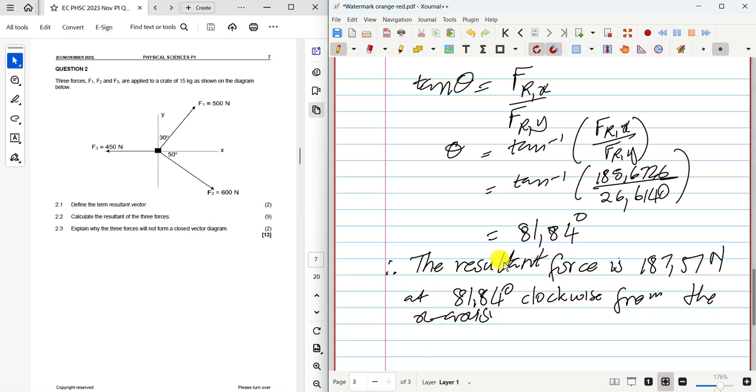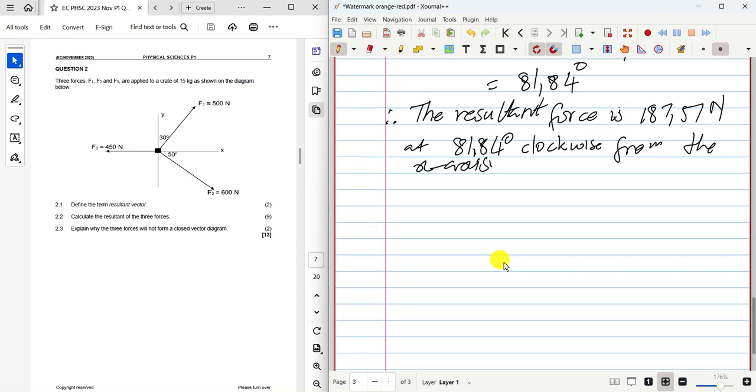So when I use this clockwise from the x-axis, this is what I get. All right, guys, this is it. So we tried to explain how to do this question because it is one question that a lot of you would make a mistake on, but we are not done.